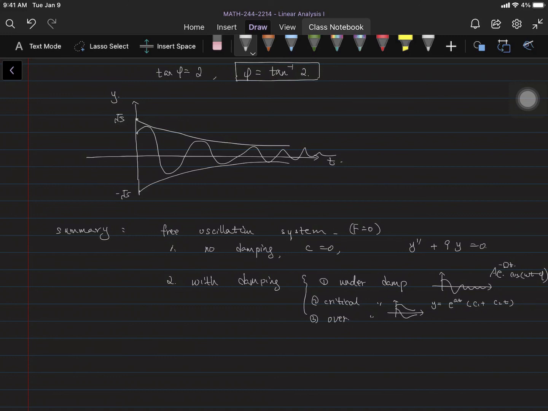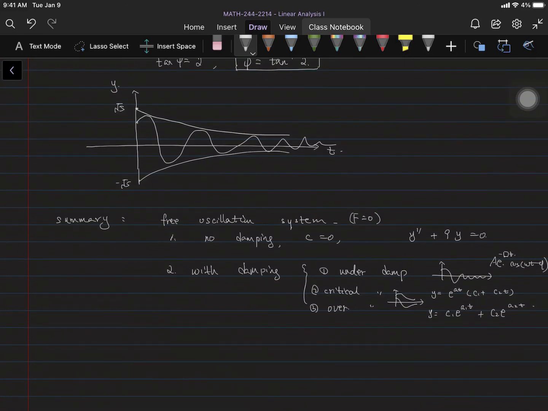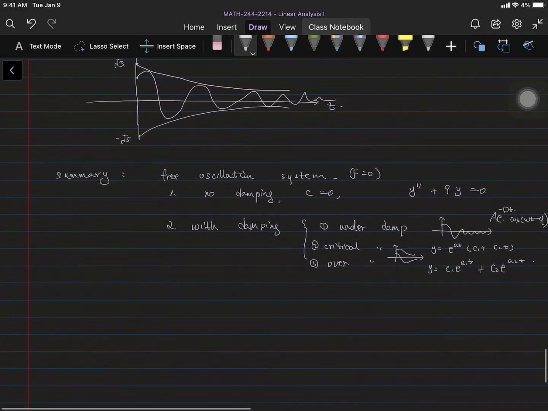One real solution repeated twice. And for overdamped, 2 real solutions, c1 e to the a1 t plus c2 e to the a2 t, like this, right? So based on the specific differential equation, we can just solve them. And we can stop here for this section.